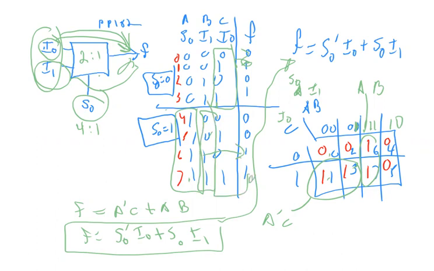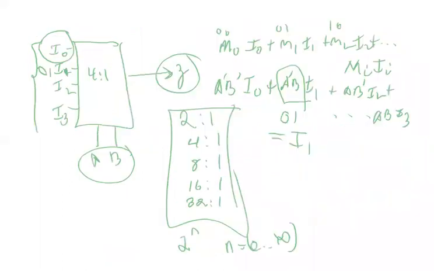And so the selector enables us to choose which input to use. Building it from the K-map should have been trivial, except I screwed up the labeling. But normally it's trivial. Now we do the same thing with a 4-to-1. And if you like, we could do it for an 8-to-1.